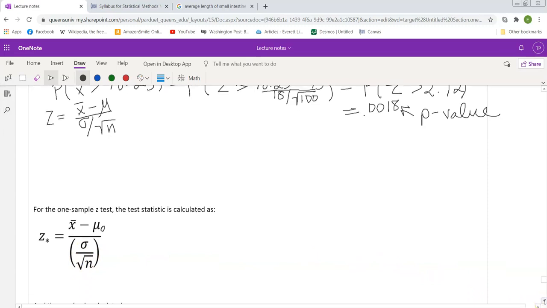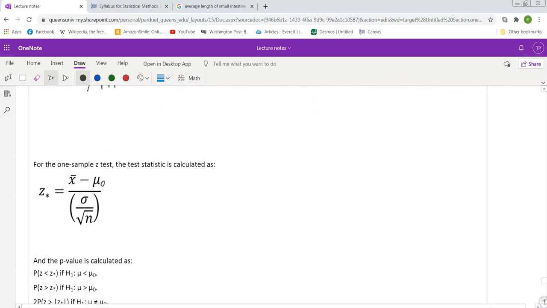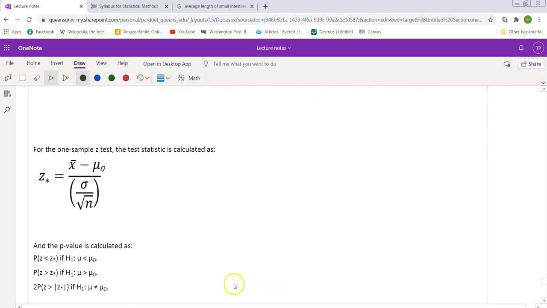Every hypothesis test has a different test statistic and p-value formula. And I put z star just to distinguish that from the values on the z table. This is just the specific value of z we're comparing to.